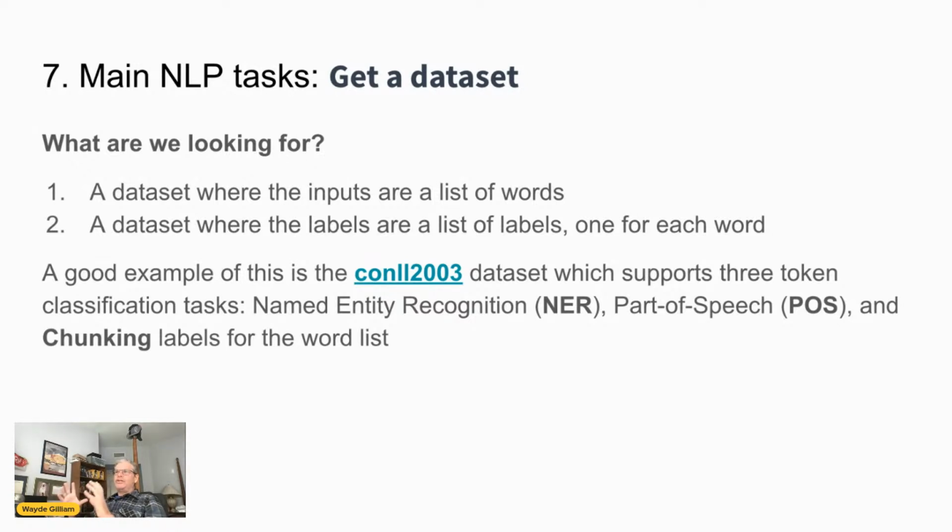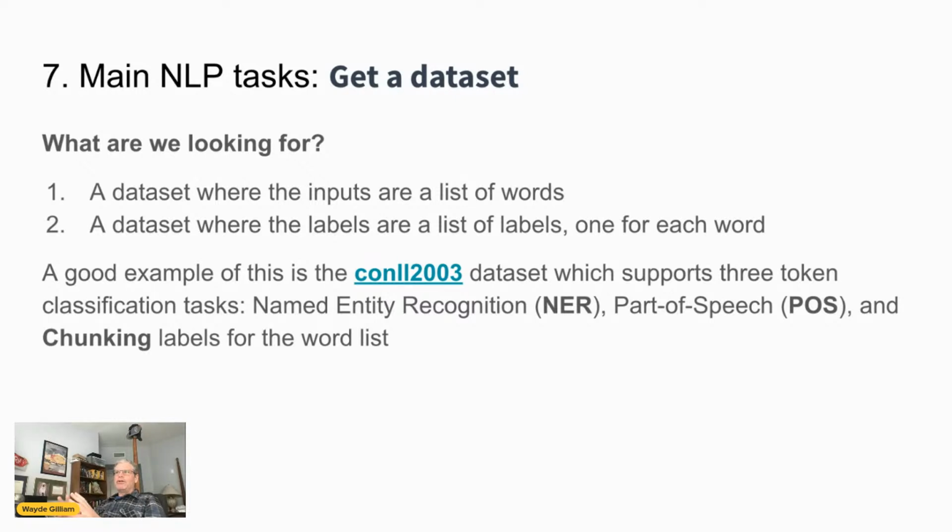Words are the individual things in a list that have a label associated with them. The tokens refer to all the tokens that make up a particular word. Since we're working mostly with subword tokenizers, especially for rare words, we're going to have multiple tokens that make up a single word. So I'm going to try to use those terms correctly.